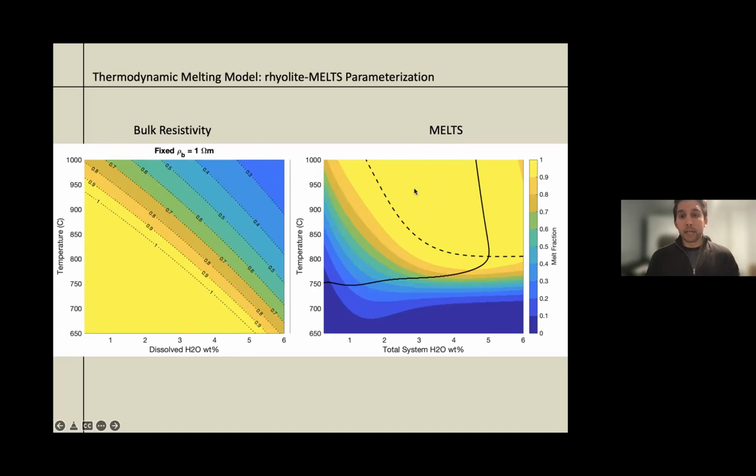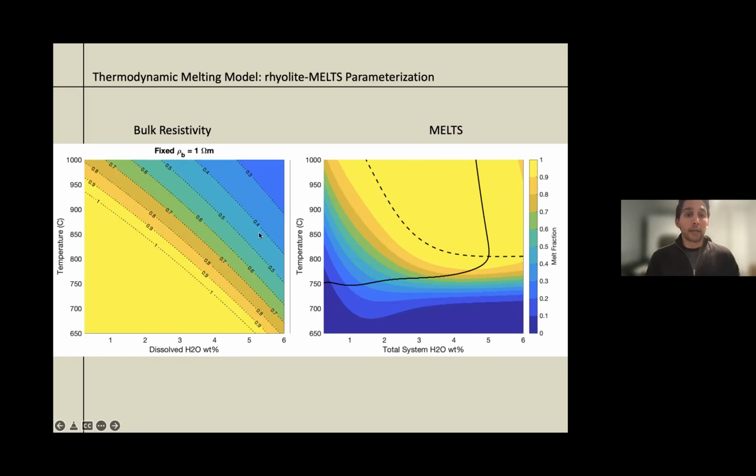Whereas Rhyolite Melts, because it's a thermodynamic modeling software, obviously has the correct intuition where if you increase temperature and you increase water content, you're going to increase the melt fraction. The only difference between these two is that on the x-axis here is dissolved water content. And so this whole workflow that I showed before implicitly assumes that the melt is undersaturated.